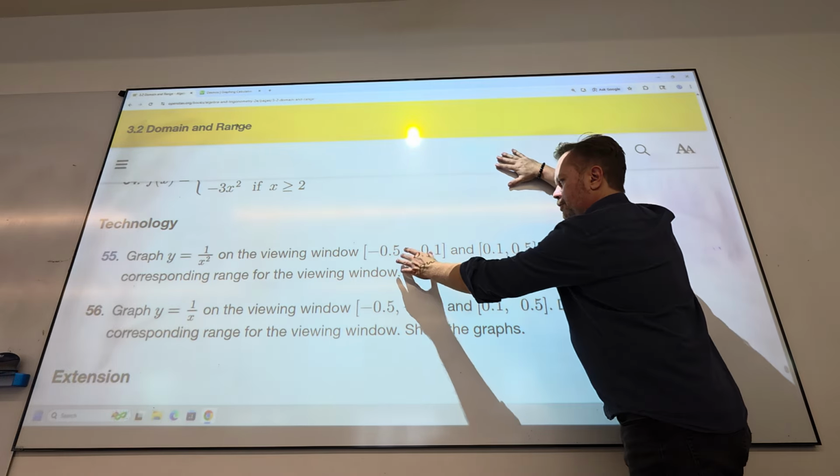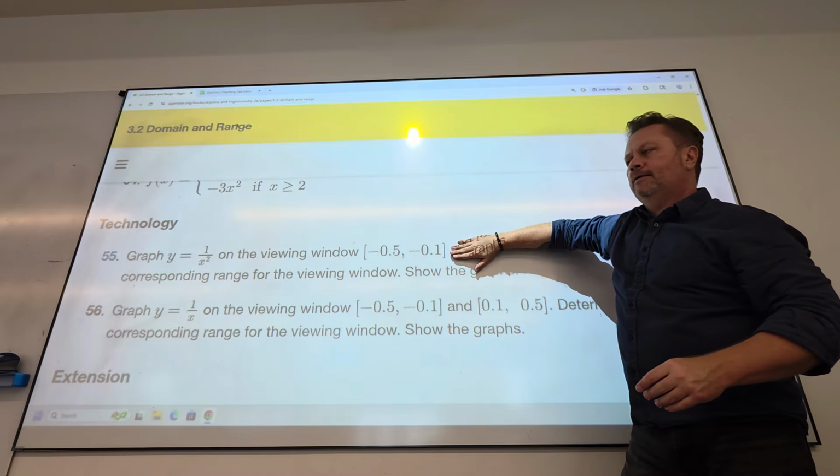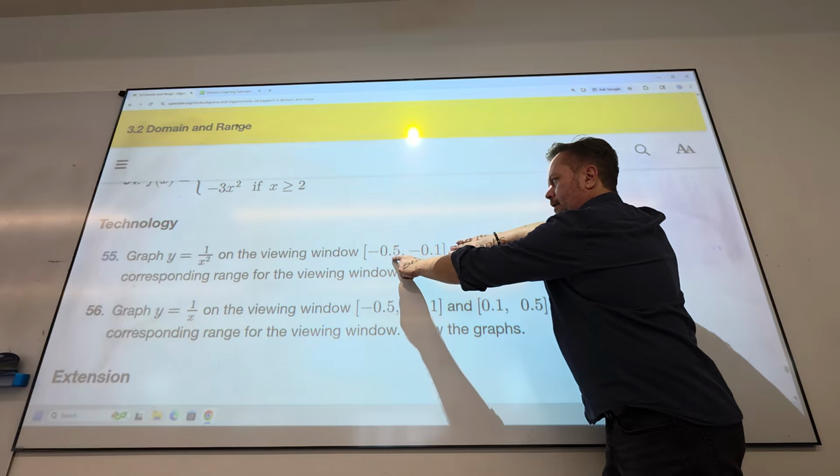Does everybody see that these are two different problems? So let's just talk about that problem. If I make my domain this, my x min, my x max, how do I figure out what to make my range so it all fits on the screen? Plug in negative 0.5, plug in negative 0.1, and that'll tell you what the y min, y max is.